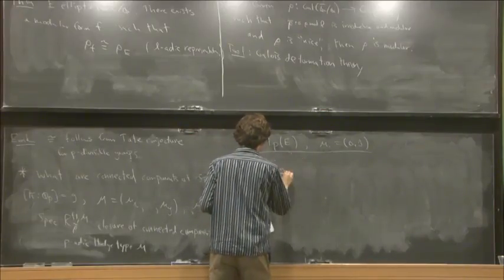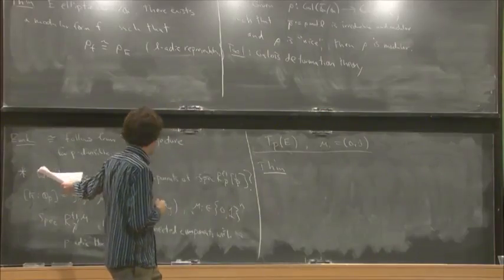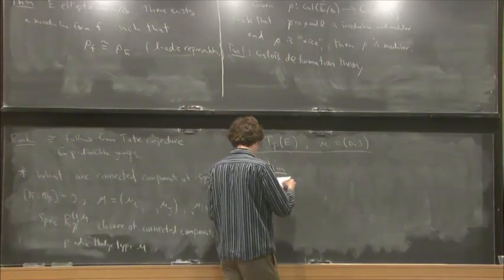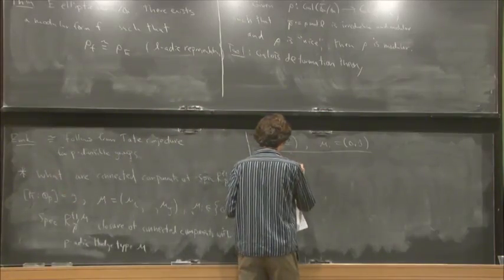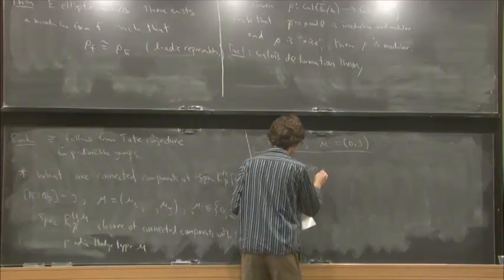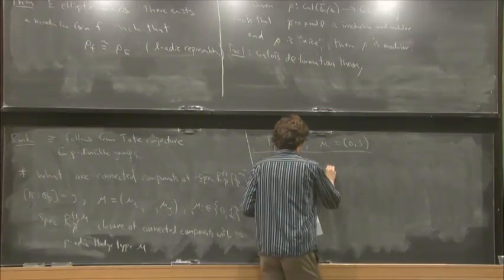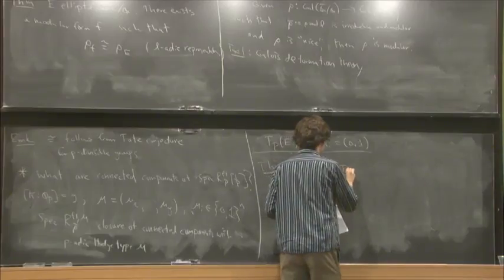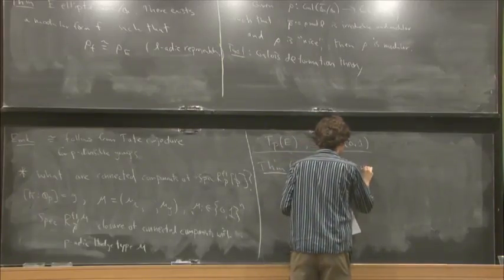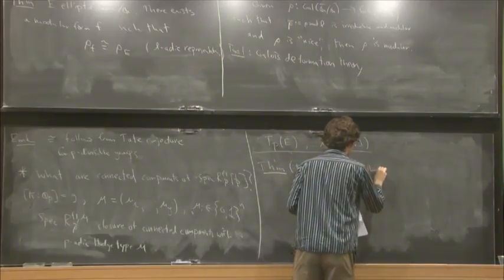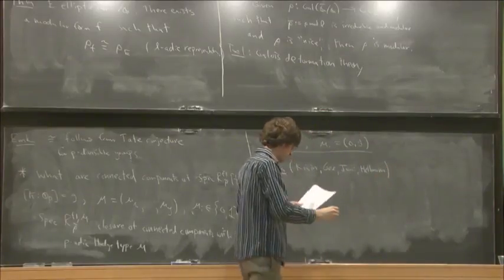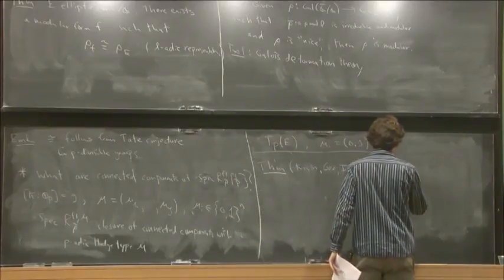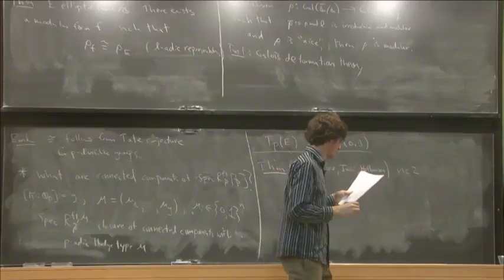Okay. So then what can we say? What do we know about this question? Using Kisin's resolution, and a series of work by a number of people, we were able to answer this question when n equals 2.